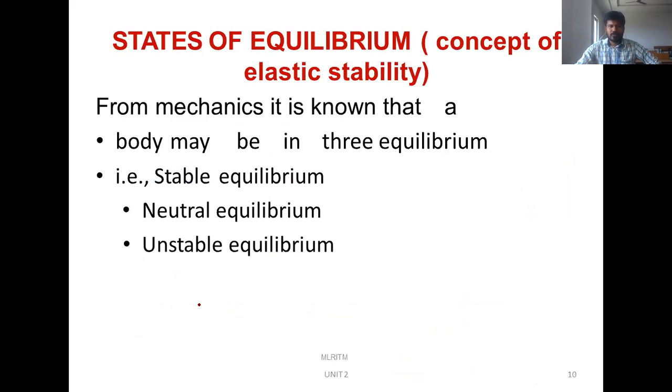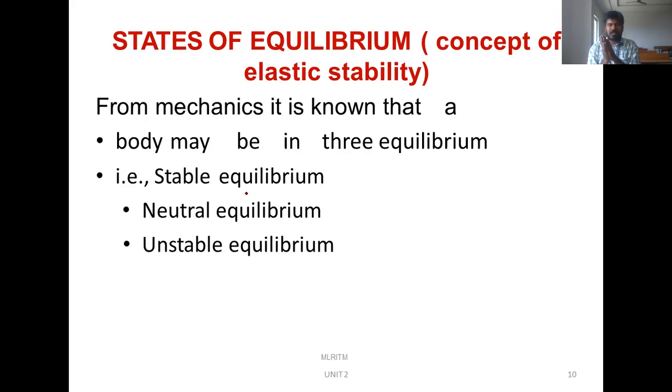Next, states of equilibrium, the concept of elastic stability. From mechanics, it is known that there are three equilibrium states. One is stable equilibrium, another is neutral equilibrium, and the third is unstable equilibrium. In stable equilibrium, there is no deflection; the member stays in its actual position even though the load is applied.